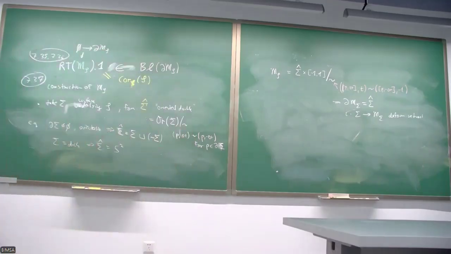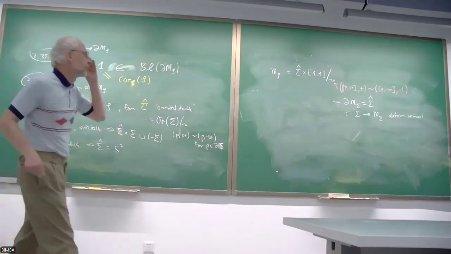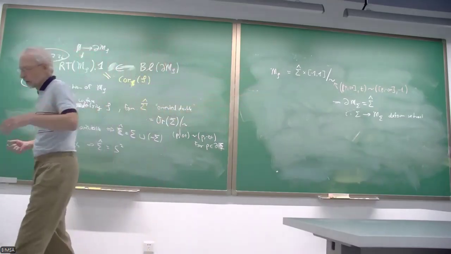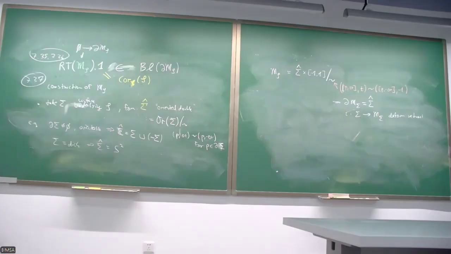And this in particular means that in M sigma from this construction, there is no additional homological information than what is already contained in sigma, that you can convince yourself about.